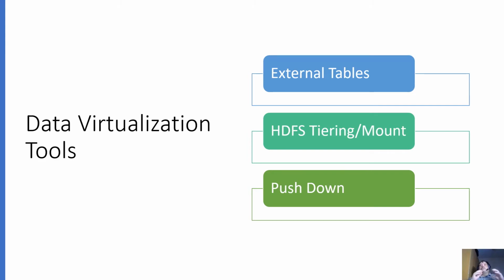Pushdown is the ability that Polybase has to send parts of the predicates of the query to be processed on the remote data source. So the remote data source will not only send out the data and let us process it.